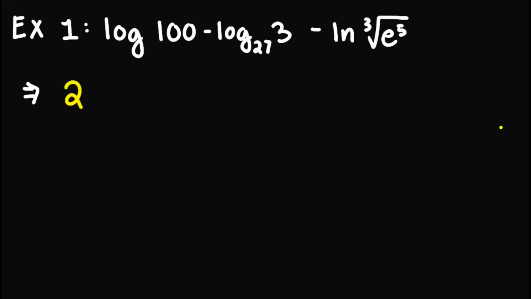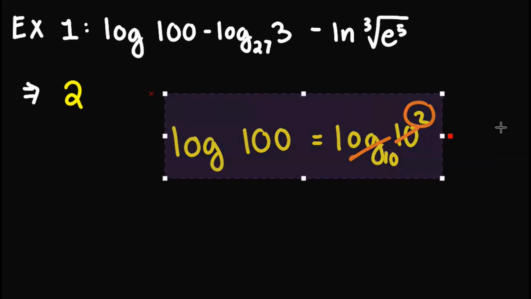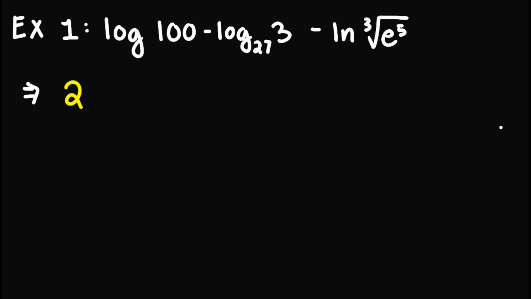Why is that? That is because the logarithm of 100 is equal to the logarithm of 10 squared. And recall that when the base is missing, that simply means that it must be 10. So by another property, we can cancel the exponent and the log and we'll simply have 2. So we've got 2 for the logarithm of 100.